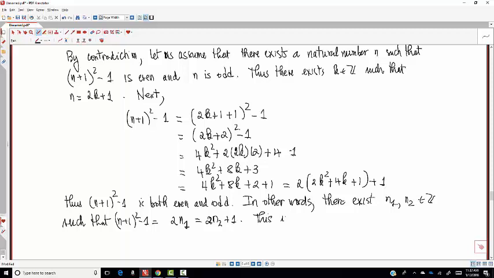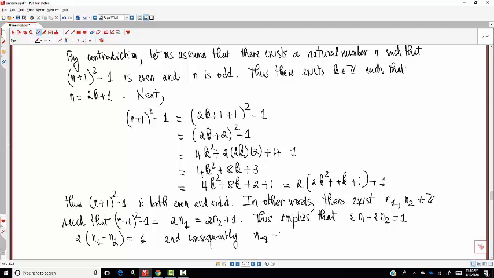This implies that 2n1 minus 2n2 must be equal to 1, which means that 2 times (n1 minus n2) is equal to 1, and consequently n1 minus n2 must be equal to 1/2.